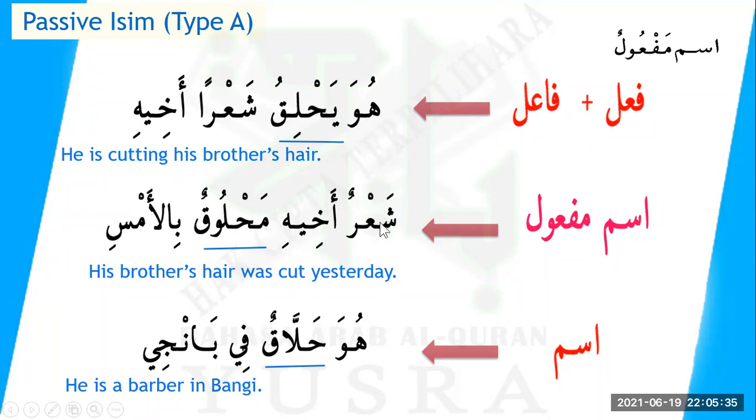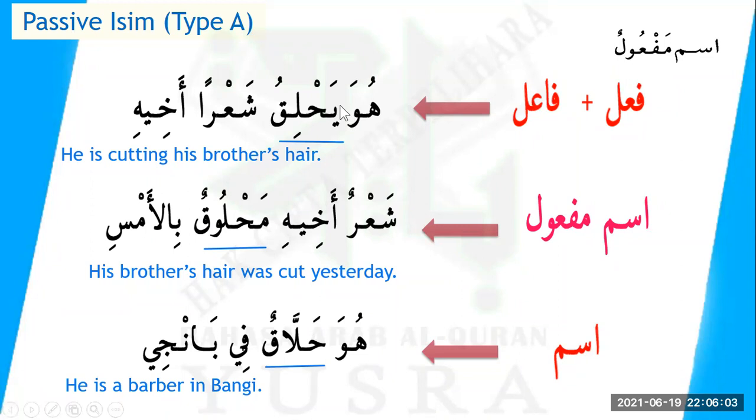And that's why the sentence is passive: his brother's hair was cut yesterday. Okay, this one is cut, was being cut, so was cut. That involves grammar, because the mim here makes it passive, but the ya in the first one means, is it a second person verb?